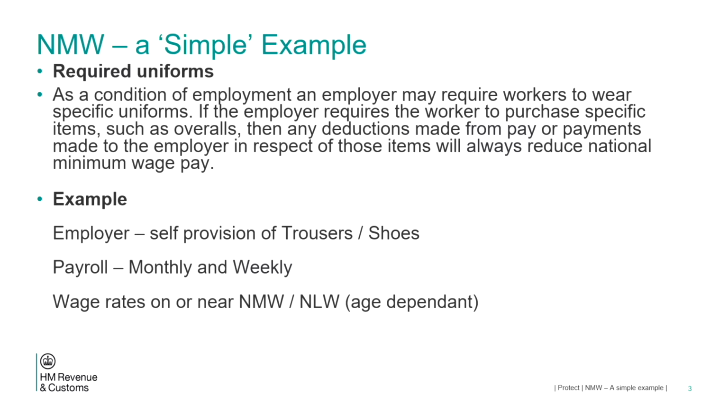If they don't provide them, there is a minimum wage implication, because we're saying that worker is out of pocket because they have to buy black trousers, black shoes. They've just come out of college, they don't even know what black shoes and black trousers look like because they've been in jeans. Yeah, so that's the sort of thing that we've got to try and get over.